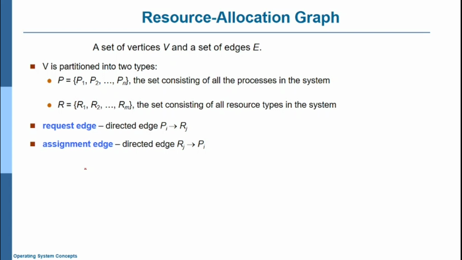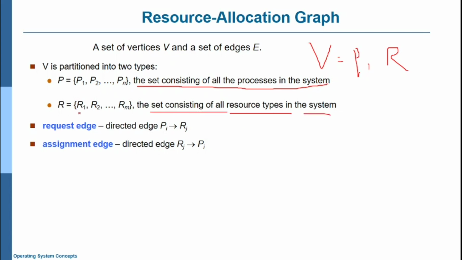A set of vertices is represented as capital V, and a set of edges is represented by capital E. V is partitioned into two types: P and R. P is the set consisting of all the processes in the system, P1, P2, ..., Pn, and R is the set consisting of all the resource types in the system, R1, R2, ..., Rm.